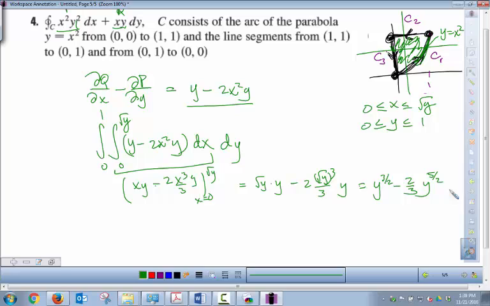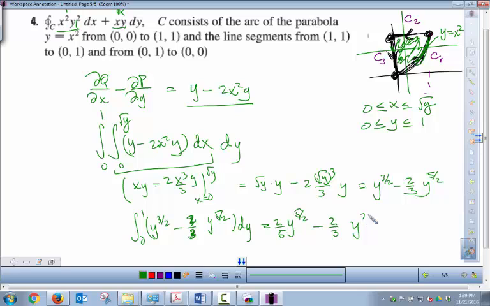And now let's integrate that from 0 to 1. So this is going to be y to the 5 halves over 5 halves minus 2/3 y to the 7 halves over 7 halves, evaluated from 0 to 1.